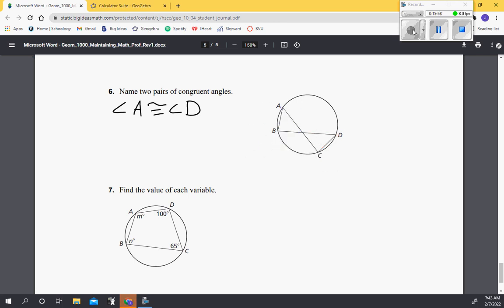On the other side, start with B. This goes to D and goes to A. There's another angle that goes to D and goes to A, and that's C. So I know that angle B is going to be congruent to angle C because they both have this arc here.